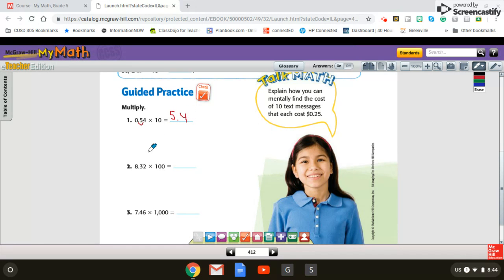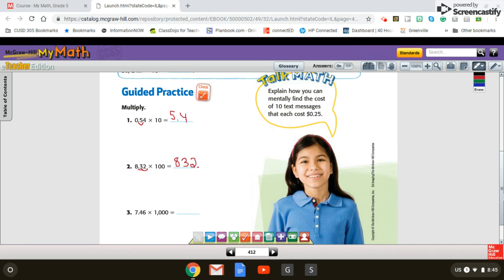Okay. 2 zeros. Move 2 places to the right. Go 1, 2. Put it there. Okay, so your answer now becomes 832. Once again, you can put that decimal point if you need to make you feel better. You don't have to have it there.